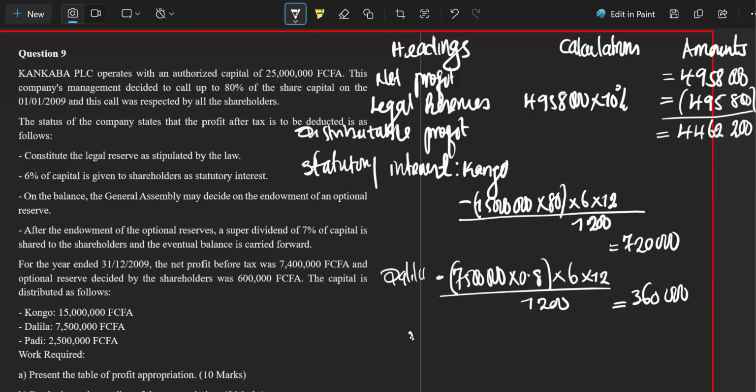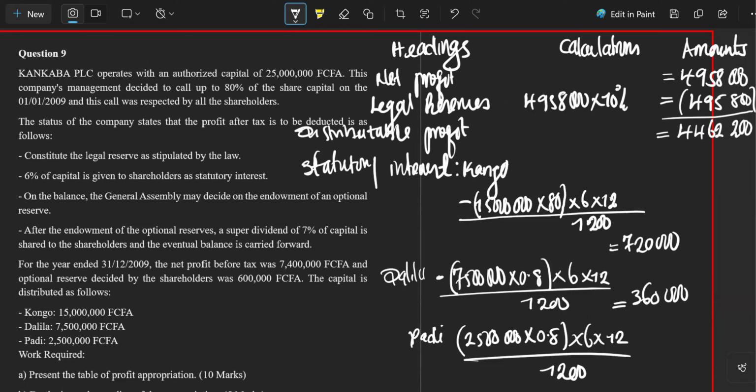Then the next one is Paddy. Paddy contributed 2.5 million, times 0.8, times 6, times 12, all over 1,200. When we calculate that, we have 120,000 francs.